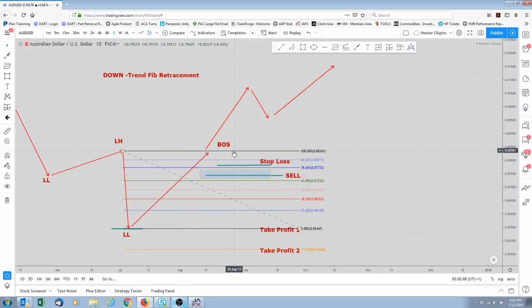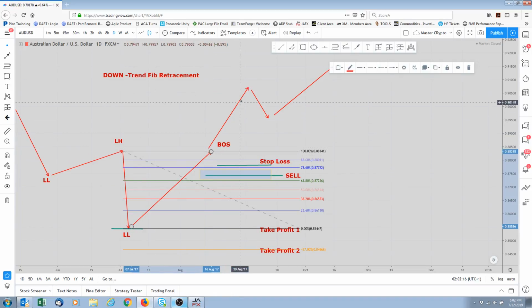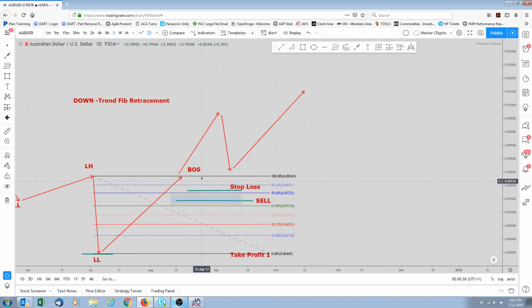And this is when a possible break of structure happens. When price passes this 100% level, it usually will break out with some force, come back, might retest this level, and then start a new trend. And that's when a new trend starts, when structure is broken.